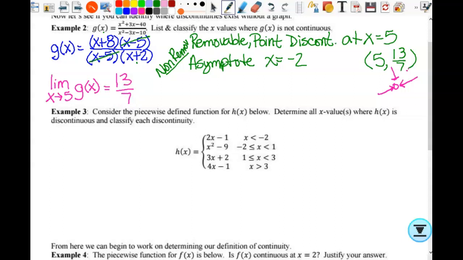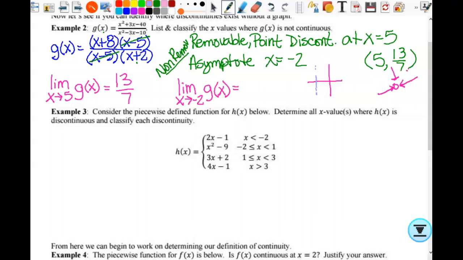Okay, so then what about the limit as x approaches -2 of g of x? Because I can't do direct substitution there either, right? But do you remember what we did the other day? We looked at it from the left and from the right. So visually, if you think about the fact that, okay, I have an asymptote at -2. I have no idea what my graph looks like, right? But I have an asymptote here at -2.